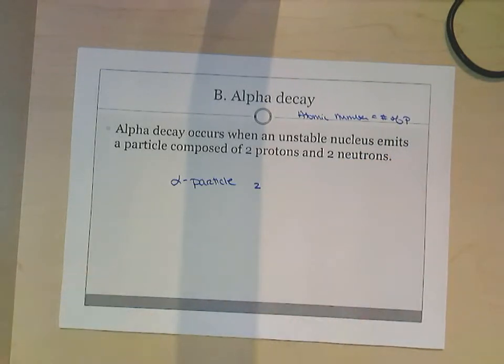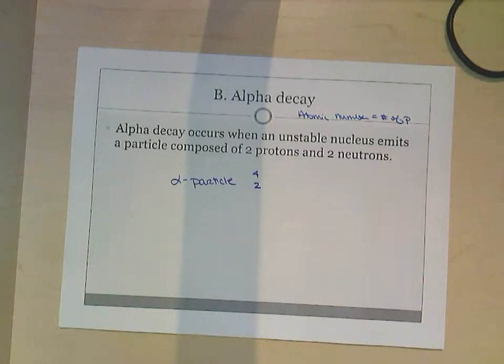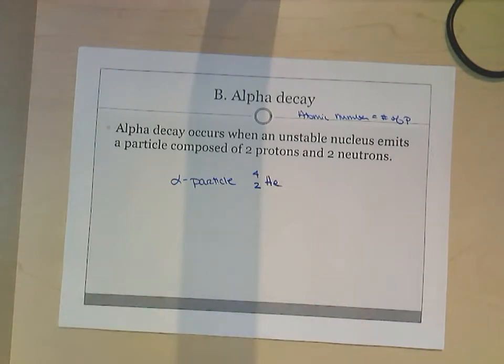So then what would its mass number be, if I have 2 protons and 2 neutrons? What element do you know has a mass of 4? So an alpha particle is really a single helium atom.